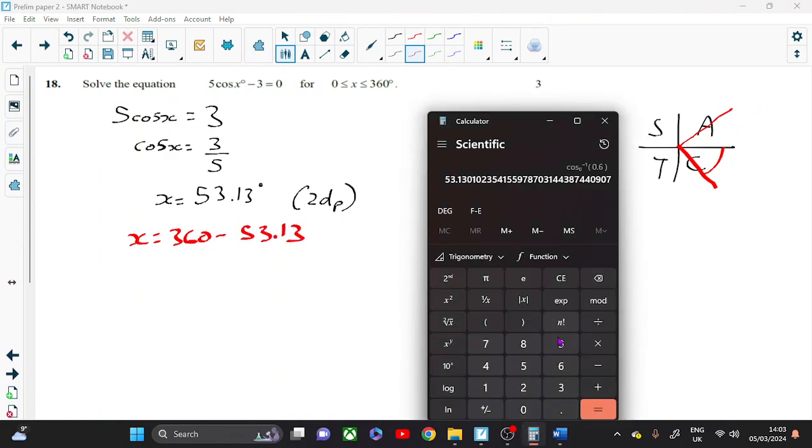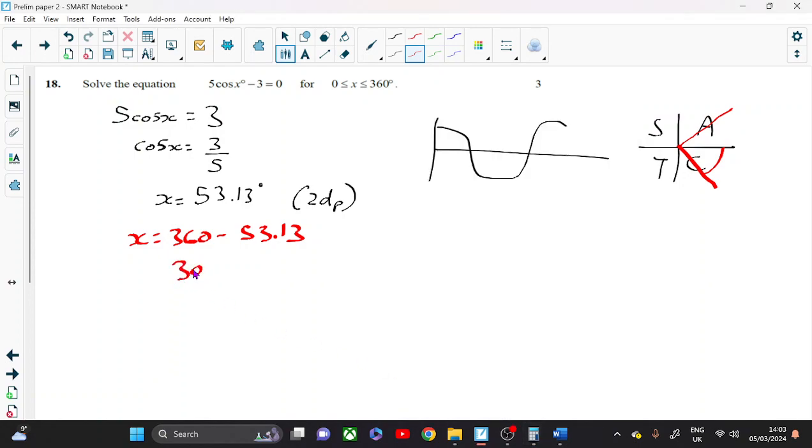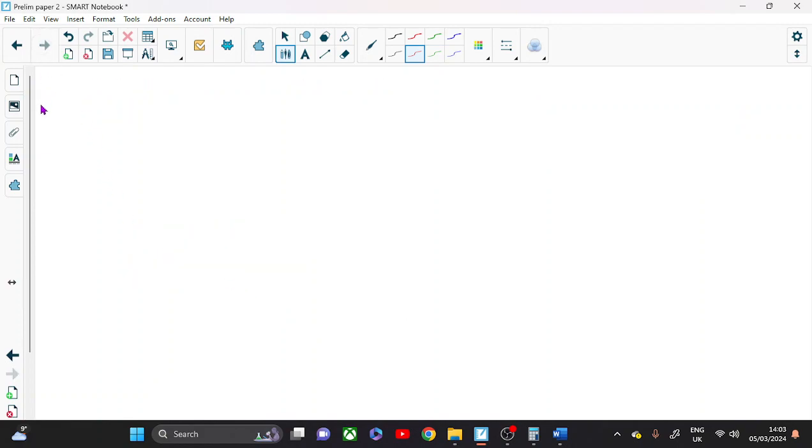And on my calculator I get 360 minus 53.13 equals 306.87 degrees. There's my 2 values and I am done.